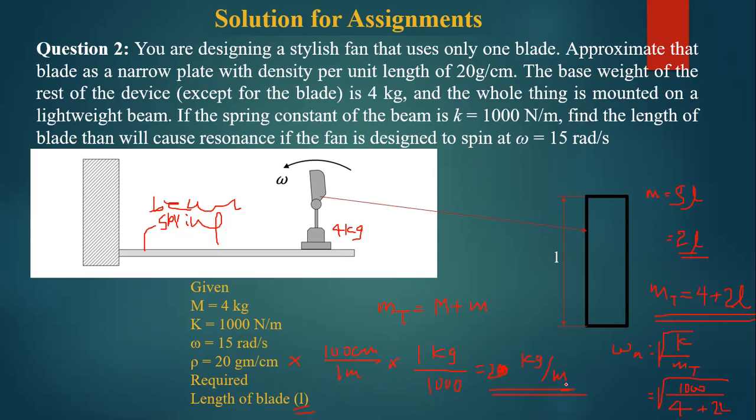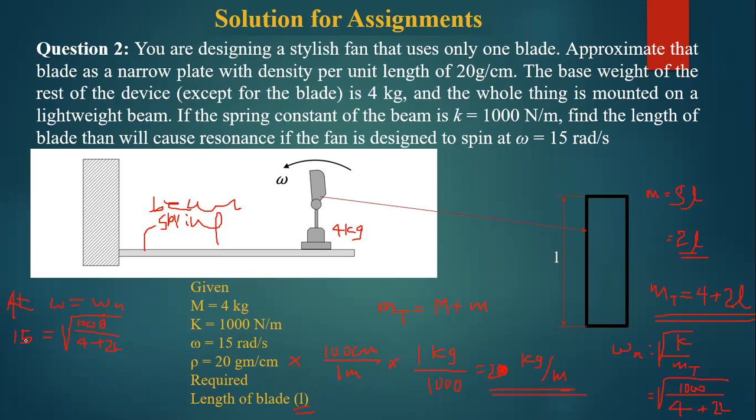Now we have a condition known as resonance. That means omega n is equal to omega. So at resonance, omega is equal to omega n. This implies that 50 is equal to the square root of 1,000 over 4 plus 2L.